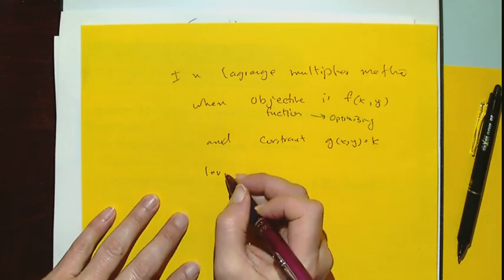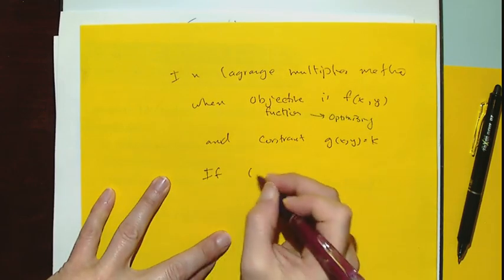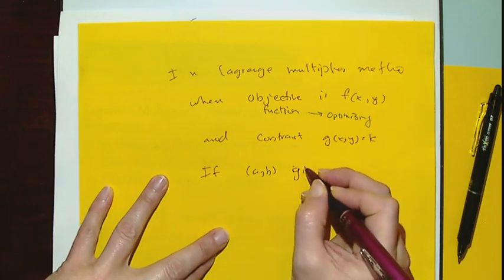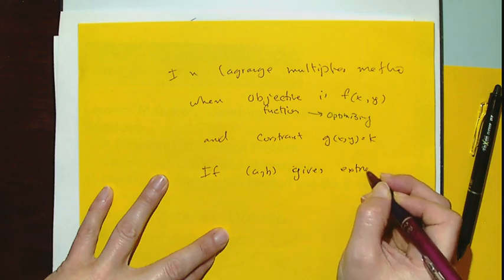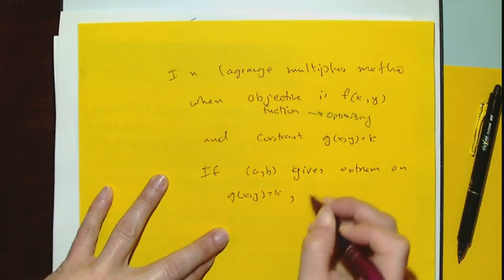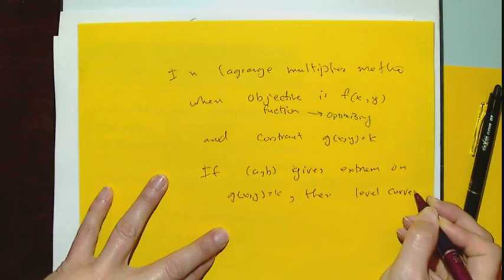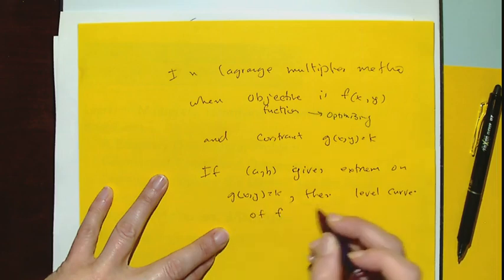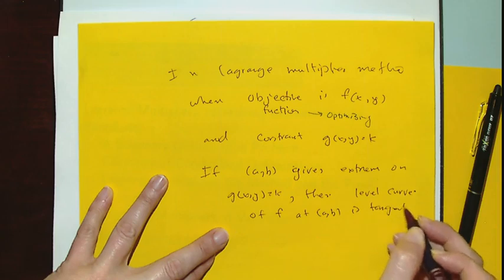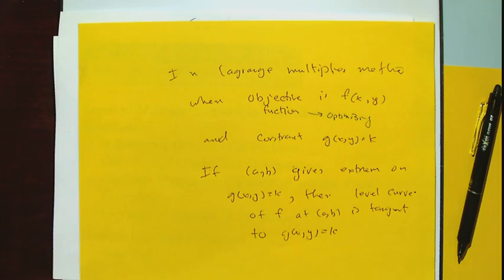If A and B give extrema on g of x and y equal to k, then the level curve of f at A and B is tangent to g of x and y equal to k. It's a lot wordy. Let's do it by picture.